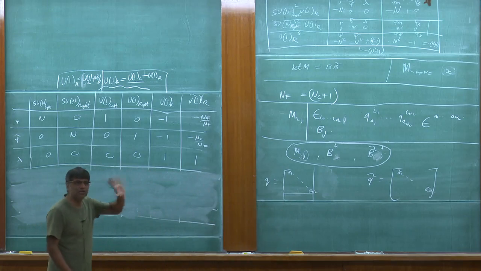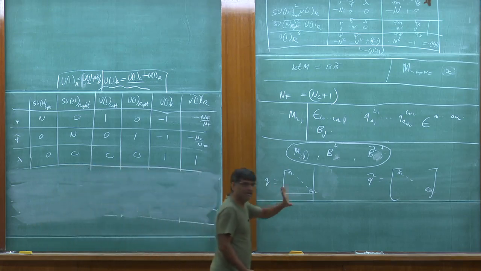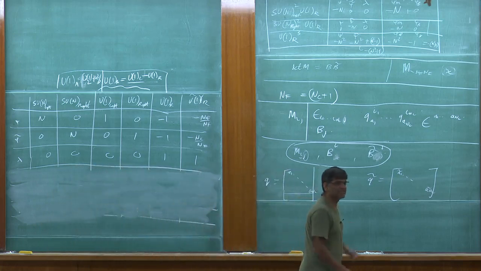We could put the solutions of the D-flatness conditions up to gauge and global symmetry transformations in this form.